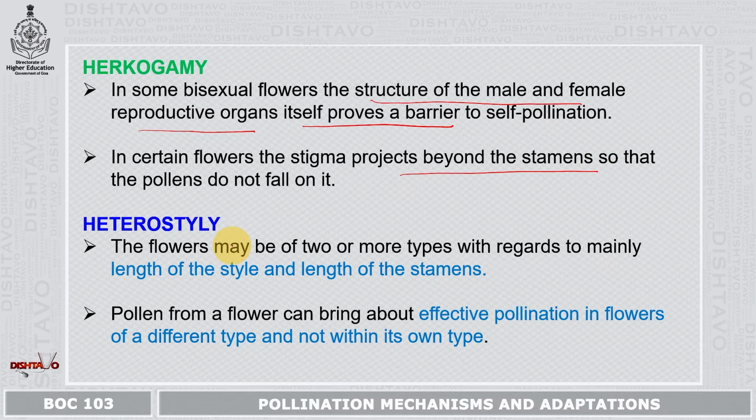Next is heterostyly. The flowers may be of two or more types, with regards to the length of the style and length of the stamens. Pollen from a flower can bring about effective pollination in flowers of a different type and not within its own type.